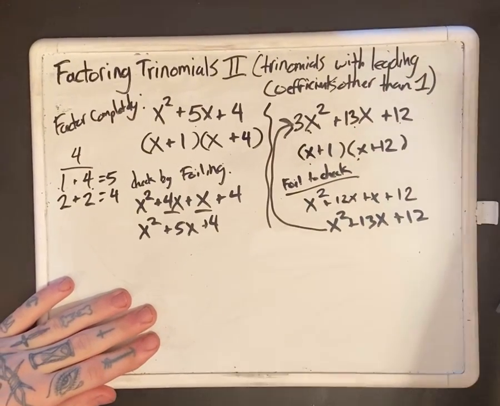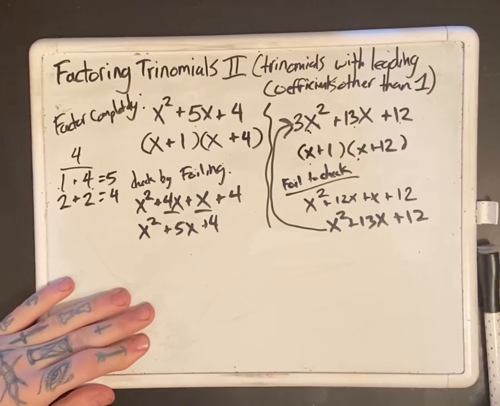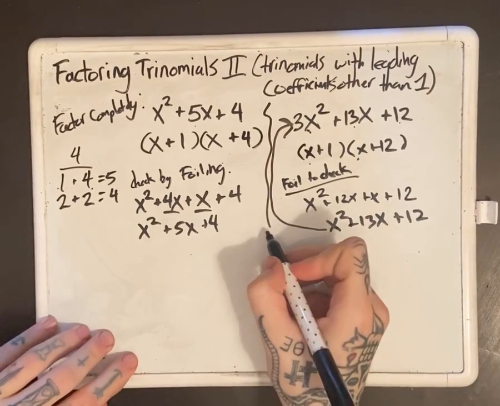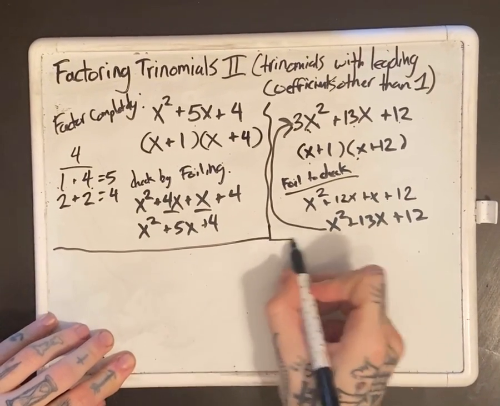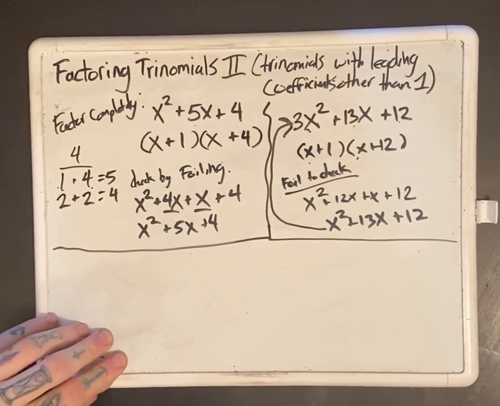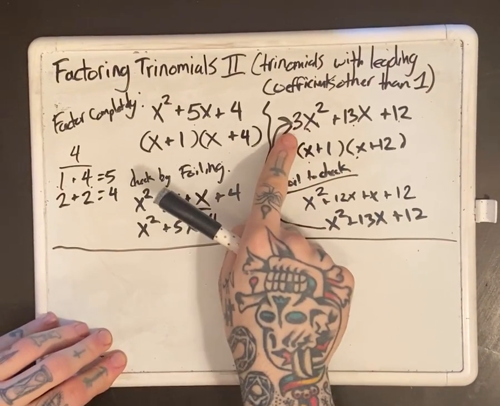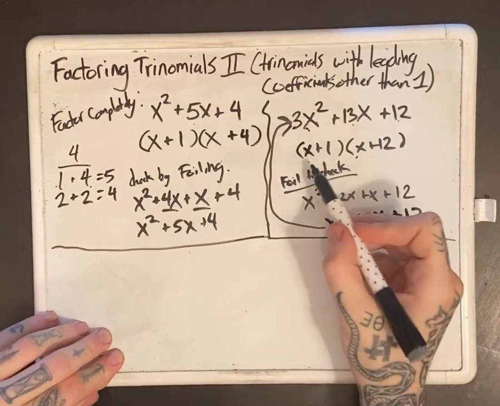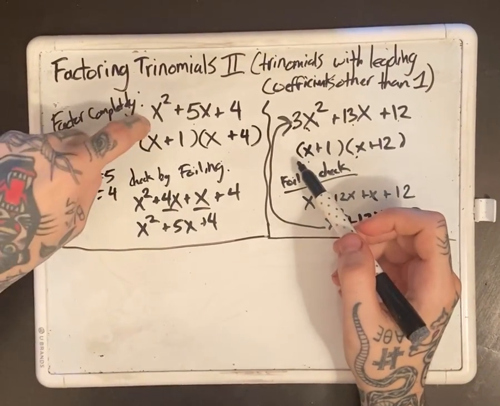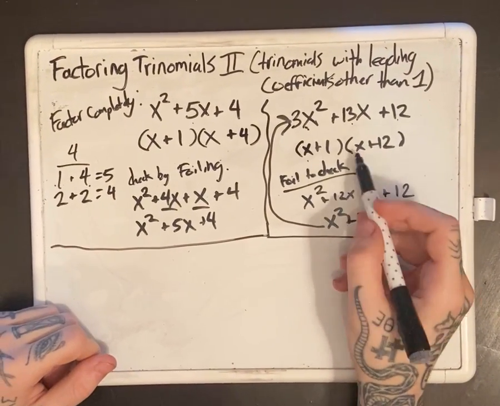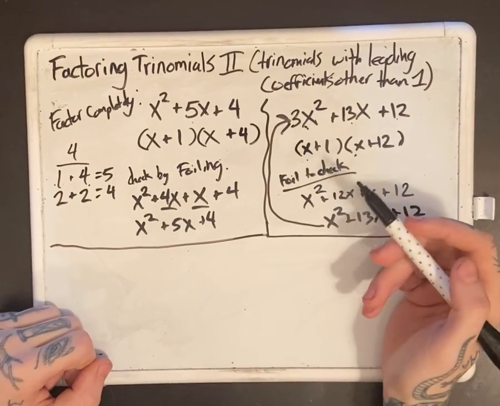So how are we going to figure out how to do this? Because our pattern is not working. Well, we have that number in the first term, and we said x times x equals x squared here. So we have to find numbers that multiply to 3.